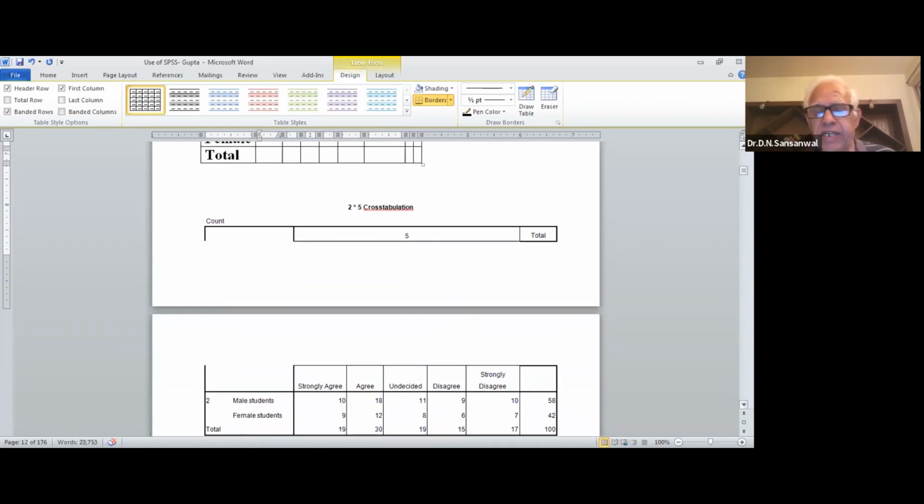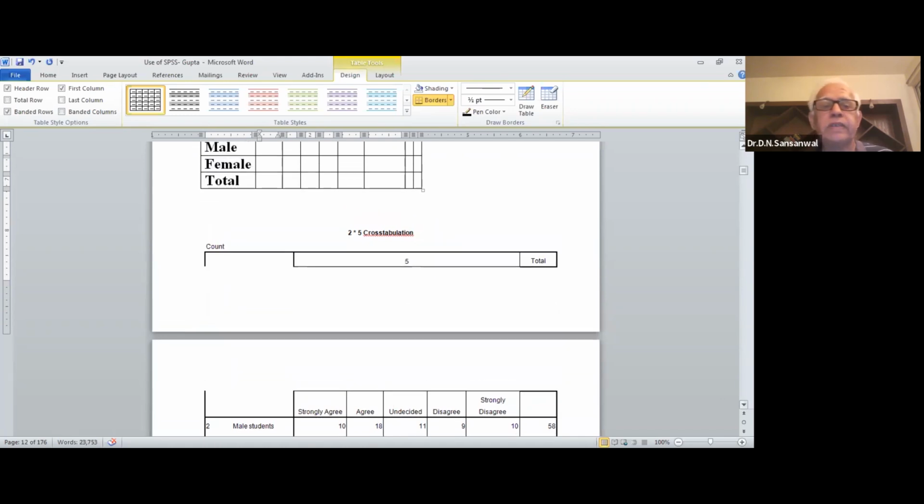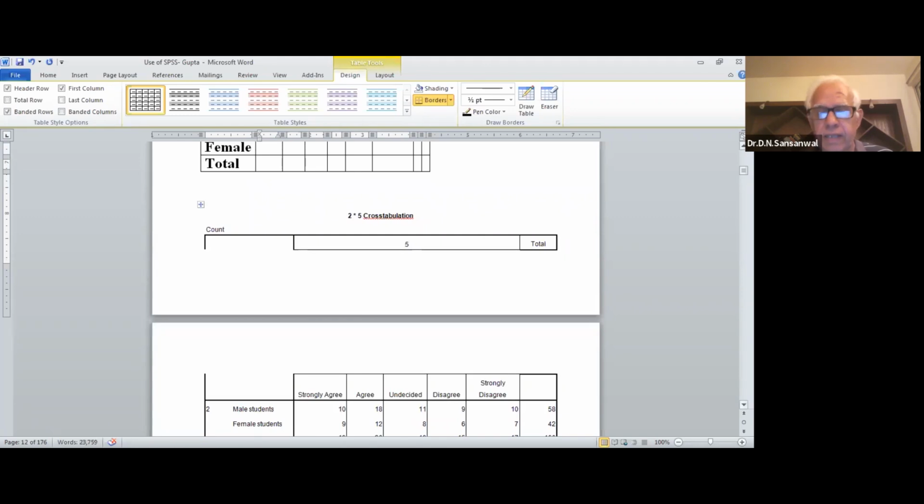So 10, 18, 11, 9, 10, and 58. Then the females are 9, 12, 8, 6, 7, 42.